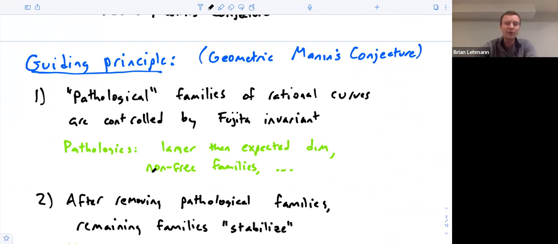The first part of this principle regards pathological families of rational curves. We predict that pathological families of rational curves are controlled by the Fujita invariant. There's a couple of things to say here. First, what do we mean by pathological?